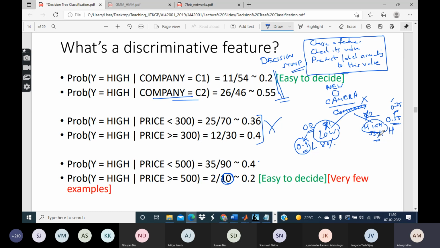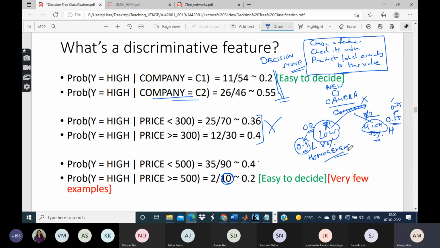So pretty much all examples of this group belong to a certain class, and pretty much all the examples of this group belong to a different class. So in other words, these two are fairly homogeneous clusters now.